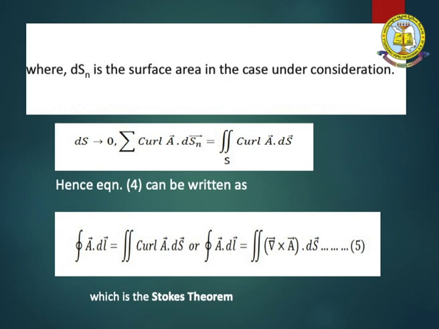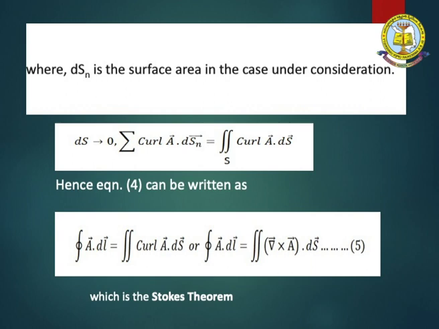Substituting this equation in the above, the fourth equation, the line integral of A dl is equal to the surface integral of curl A ds, where curl means del cross A. This is the proof of Stokes theorem.